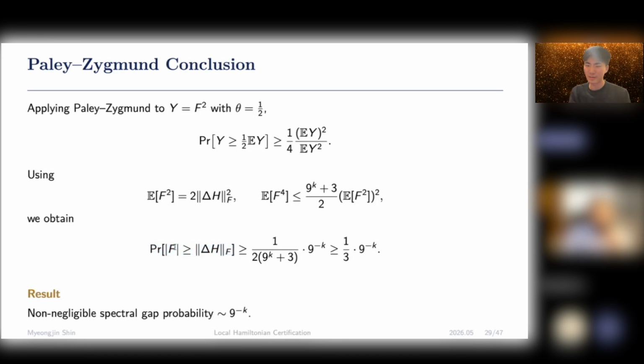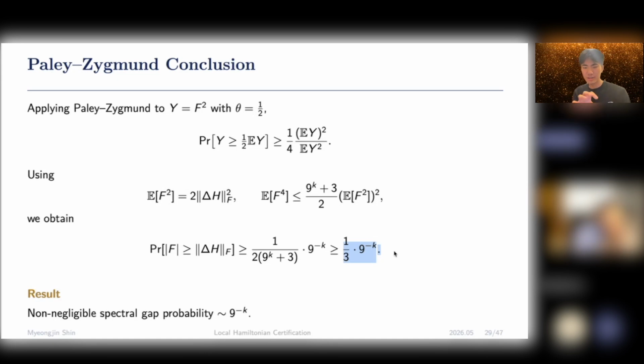So this difference between the eigenvalues will be bigger or equal to epsilon with the probability of this constant. So the lambda quantity is lower bounded by 1/3 times 9 to the minus k. So we proved this just by changing the lambda quantity into a distribution and using the PZ inequality and the hypercontractivity theorem.